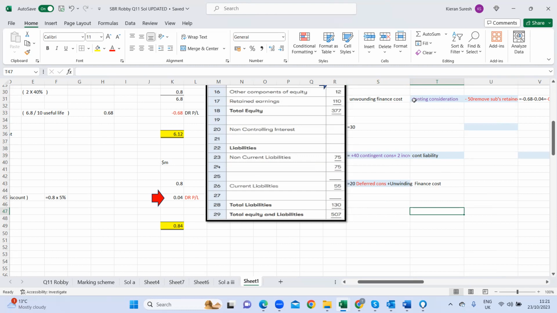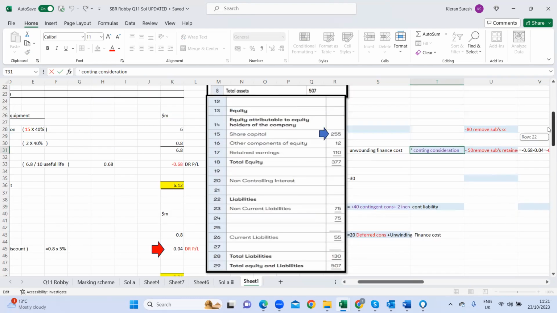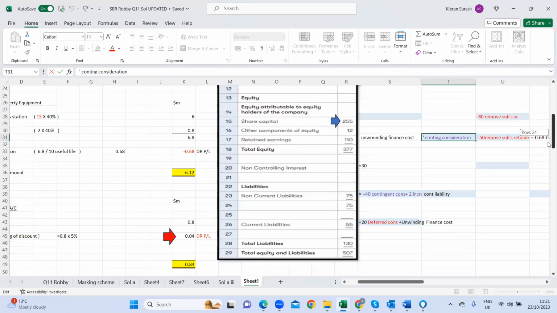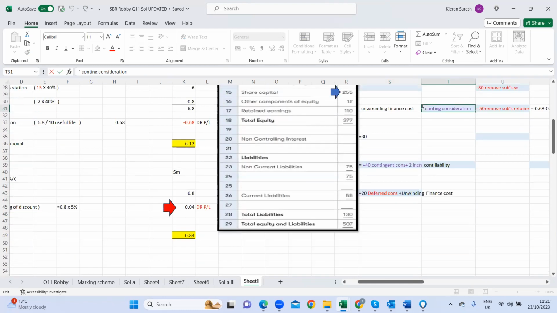So actually the contingent consideration should be here rather than there, because I'm having recognized contingent liability. So let me move this from there to here. It's much better, but I don't have enough space. Never mind.